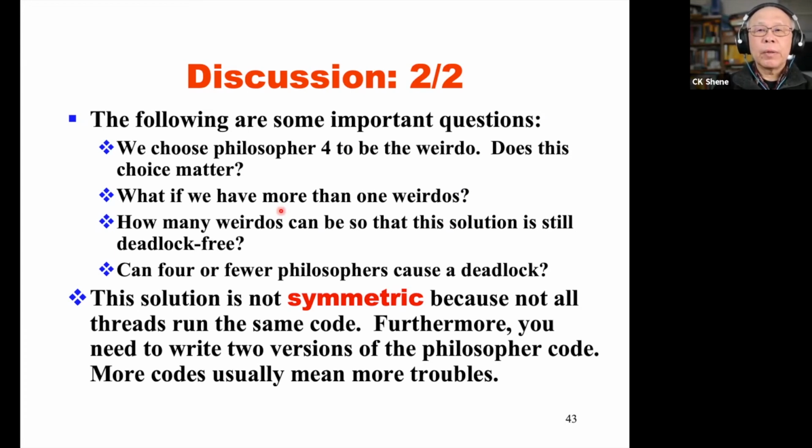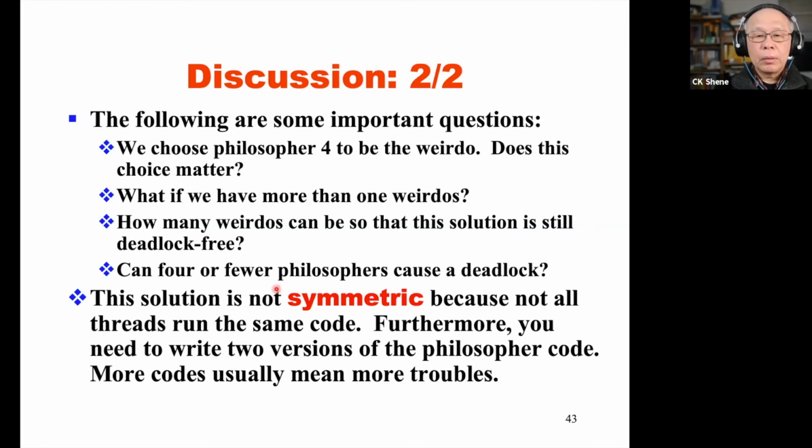It takes some thinking. Now, the third question for you to think about, how many weirdos can there be so that this solution is still deadlock-free? So this implies the answer of the second bullet. The next question, can 4 or fewer philosophers cause a deadlock?